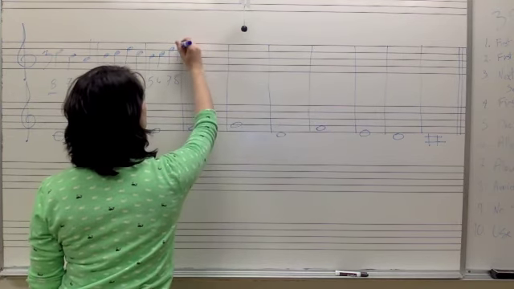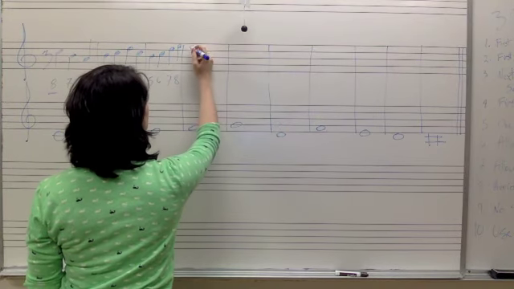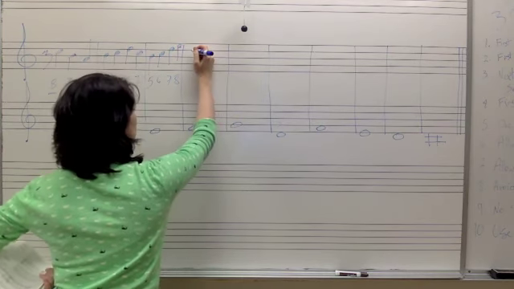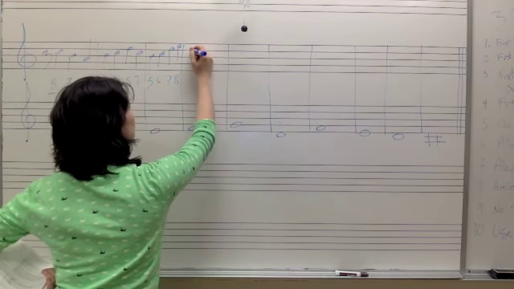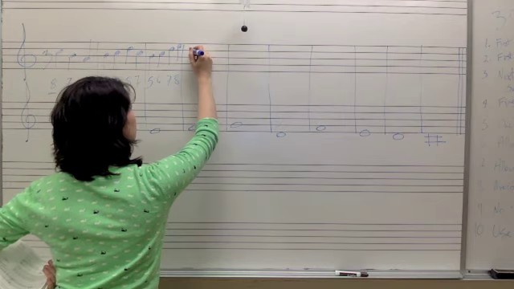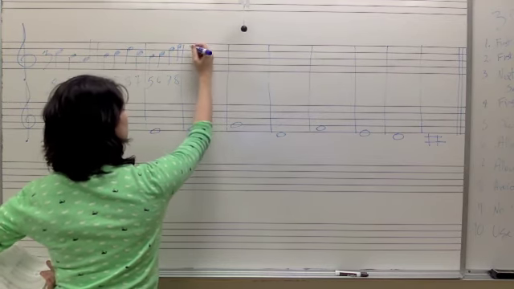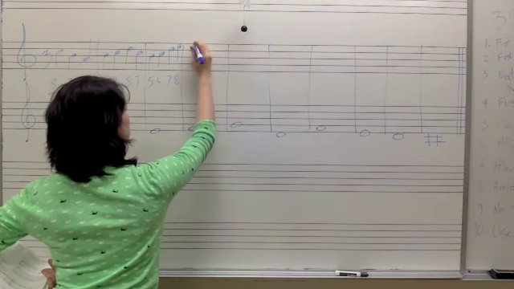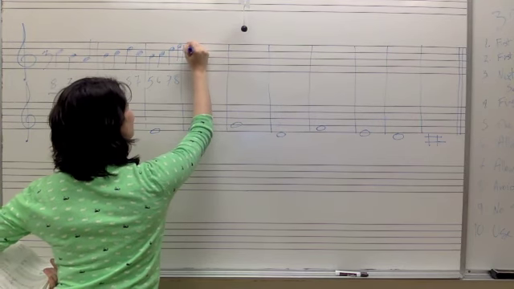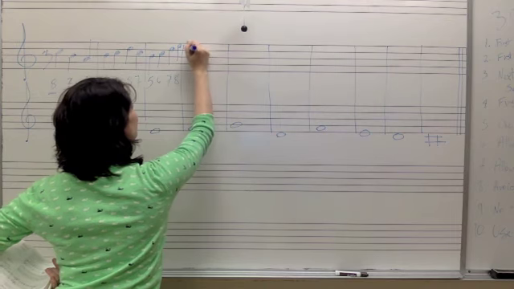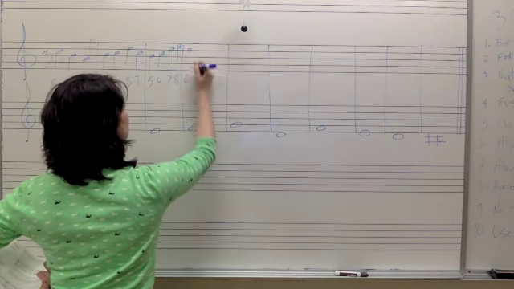Let's see. Step down. We go to D. That would be acceptable. That's a 6. So let's go back down to D. Marker is dying.